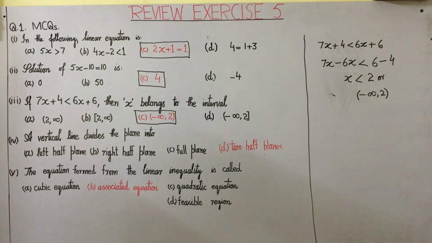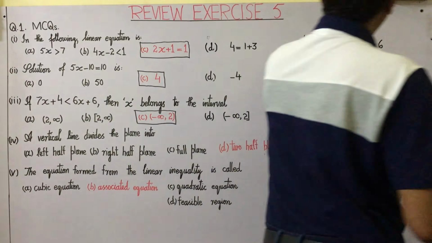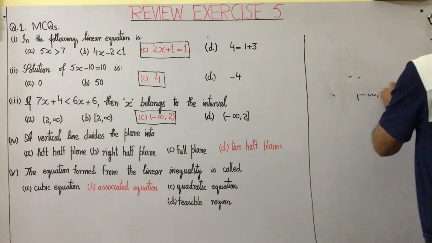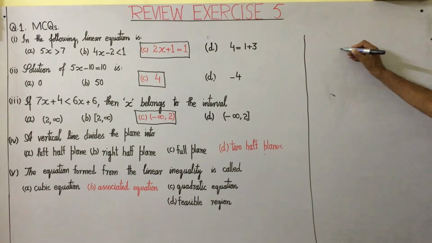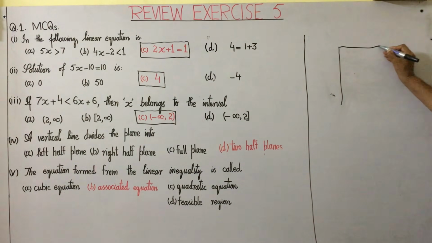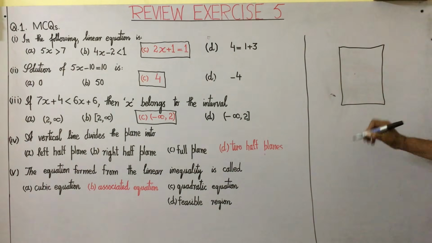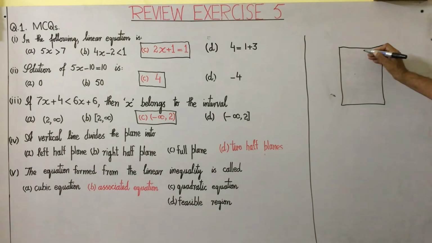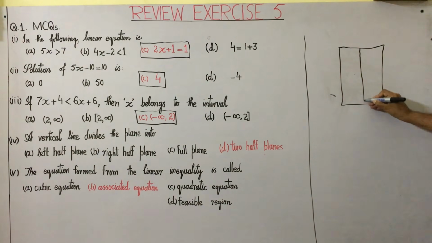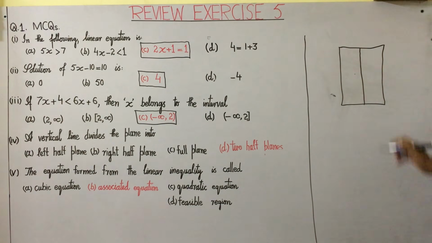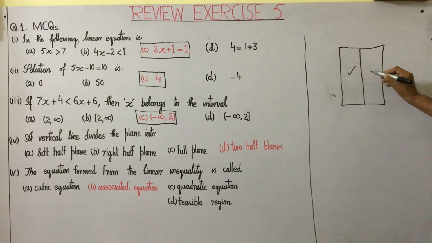A vertical line divides the plane into. Let this be a plane. Vertical line is like this. This is vertical line. It divides the plane into one half, second half.